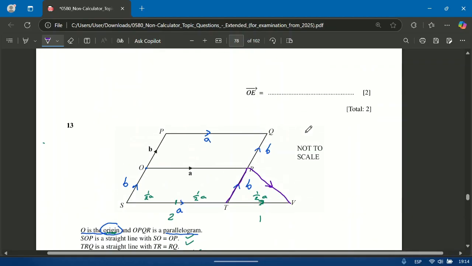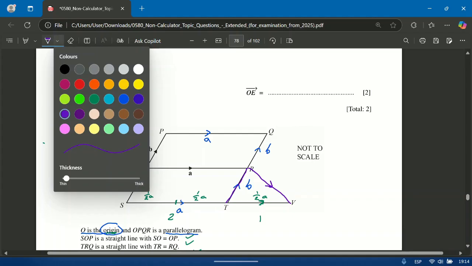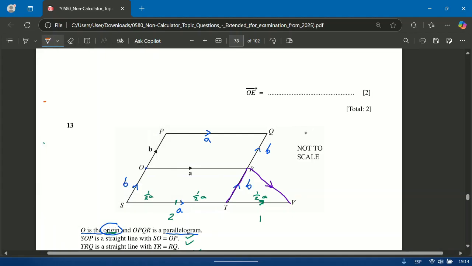Oh my goodness, what does that mean? PT parallel to RV. Now remember, two vectors are parallel if they have the same vector. For example, we can say SP is parallel, that's a parallel sign, to RQ, for example.